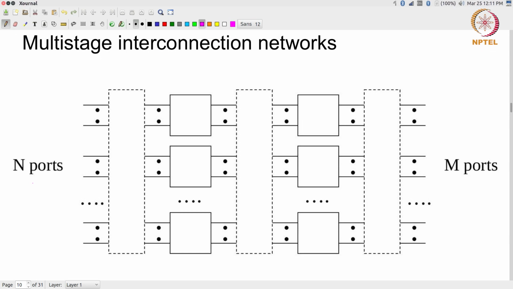I have n input ports, m output ports. What will essentially happen is that I could, for example, have a connection that looks something like this. Let us say that I wanted to go from 1 to 5. One way of doing it could be that I will go through this, and over here I will switch down to this side.